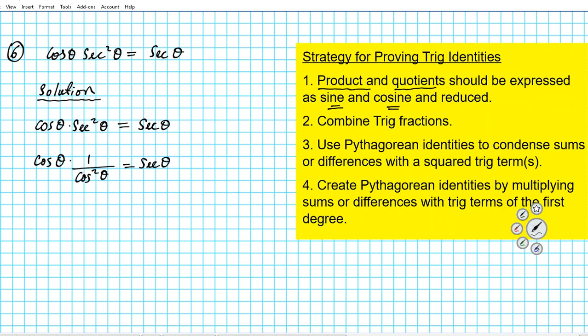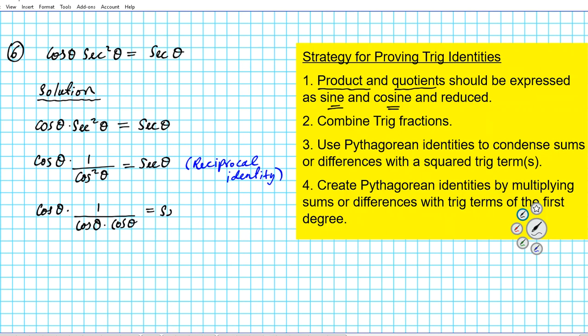So what we just did here is we applied the reciprocal identity. All right, now cosine square theta, can that be written differently? Absolutely. Cosine square theta, applying the properties of exponents, just basically means that you're multiplying cosine theta by cosine theta.